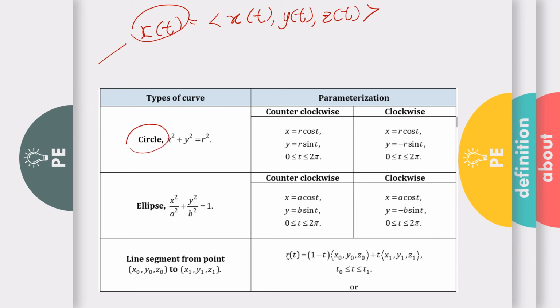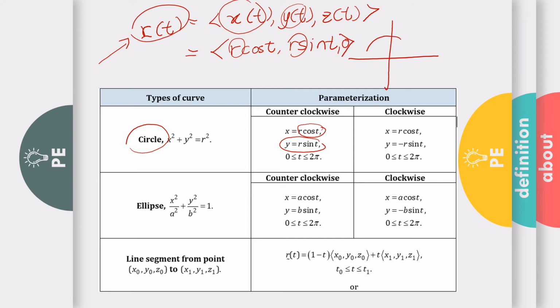To write down your parametric equation, your x is replaced by r cos t, comma, and your y is r sin t. Your r is your radius. For a circle, we don't have z, so z is 0, because a circle is in two dimensions only. If you have three dimensions, it becomes a sphere. So for a circle you don't have z here.